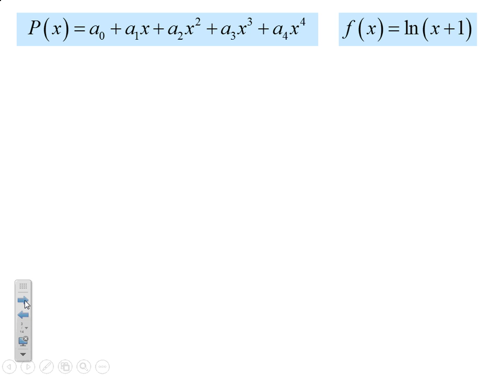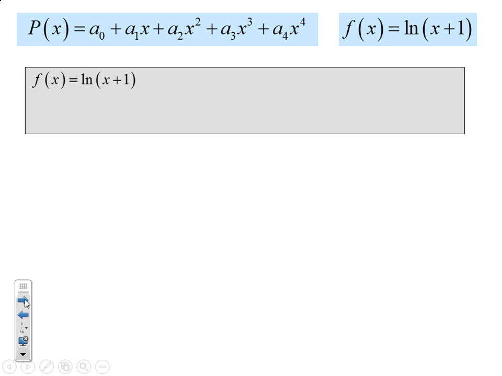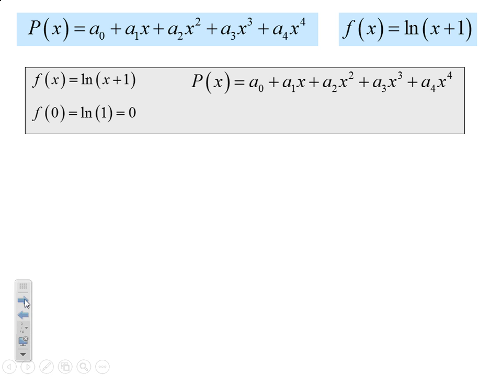Here's the polynomial we're going to try to write. That's the function we're going to try to approximate. So our function is the natural log of x plus 1. What's our function value at 0? Which means in our polynomial, if we plug in 0, a sub 0 is 0.